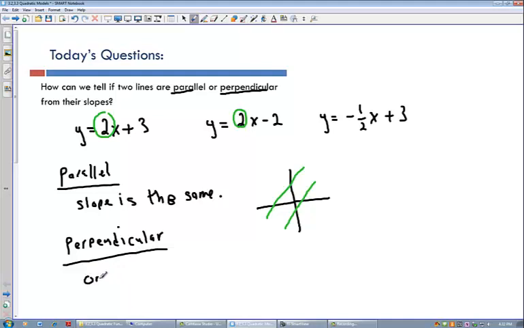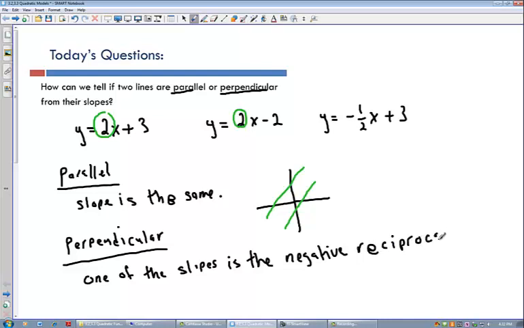So you can say one of these slopes is the negative reciprocal of the other.